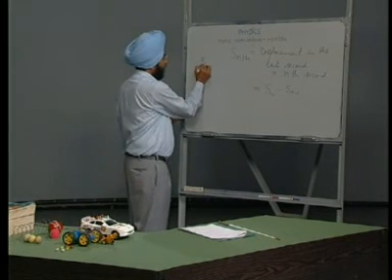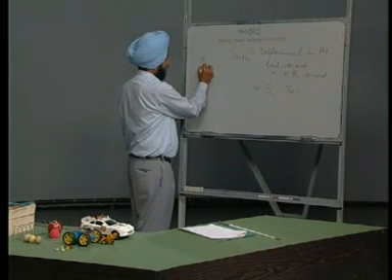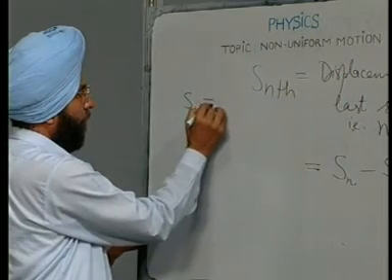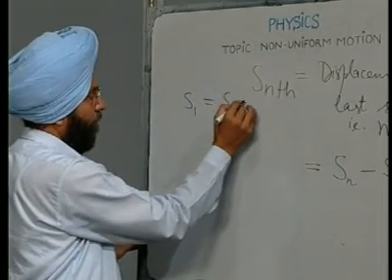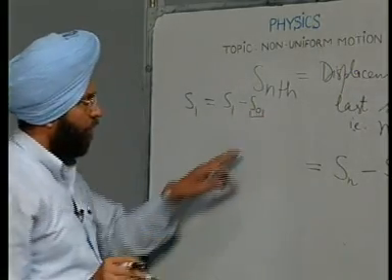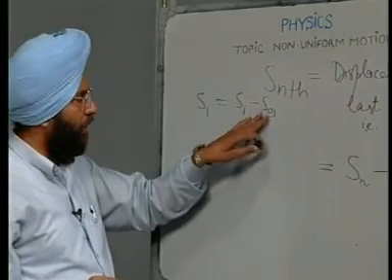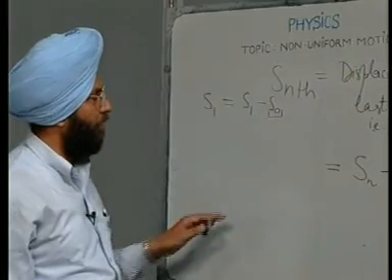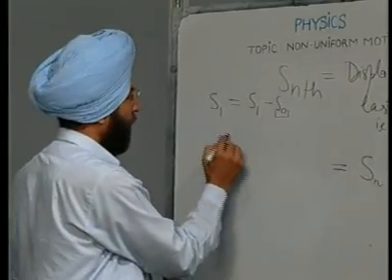We can say S 1th is equal to S 1 minus S 0. This is the distance travelled by the body at rest when we had not even started our clock. So, this is 0.